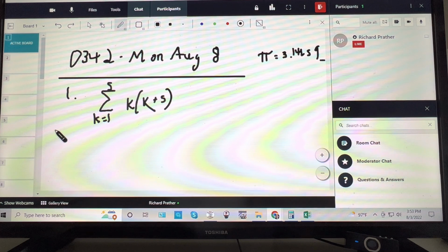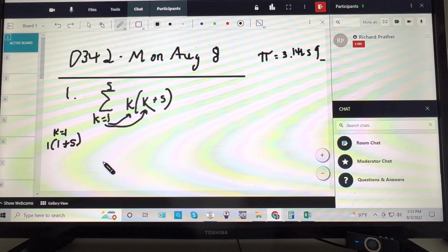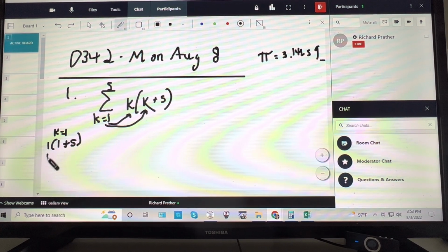So literally what you do is you start with K equals 1, and you plug a 1 in everywhere you see a K. So that gives me 1 parenthesis 1 plus 5. And now it's just about doing the order of operations that would get you this answer. I would do the parenthesis first and get 1 plus 5 is 6.